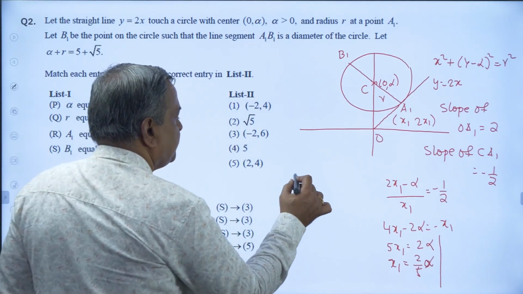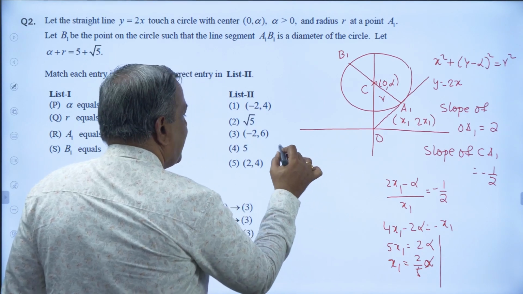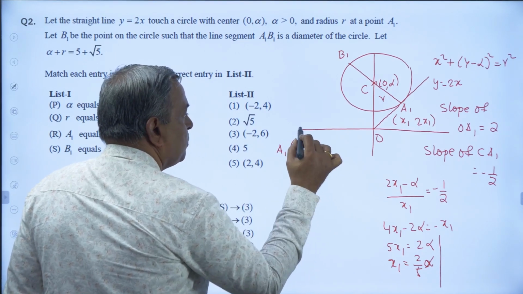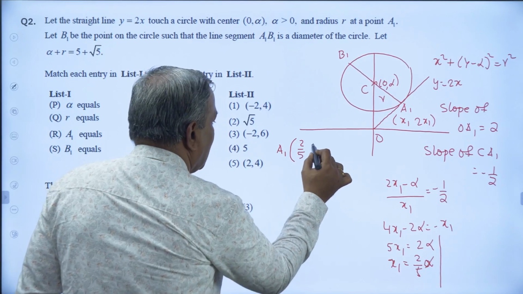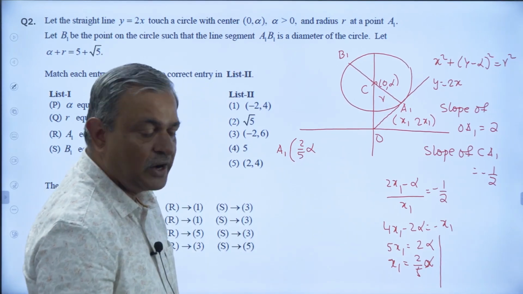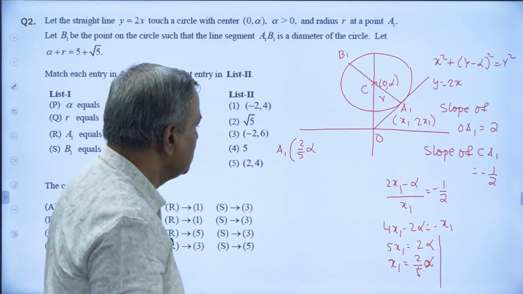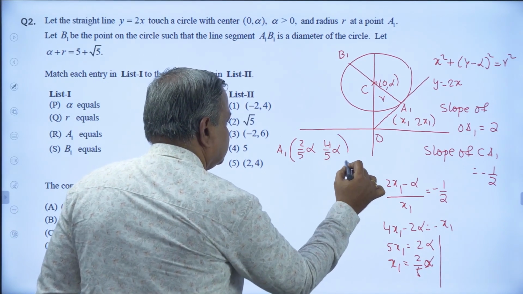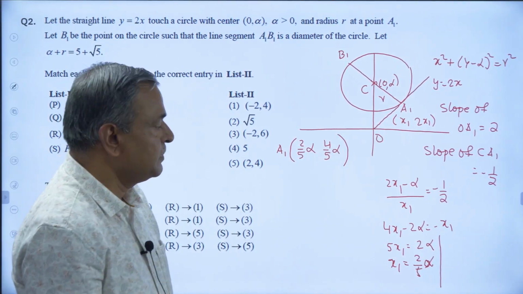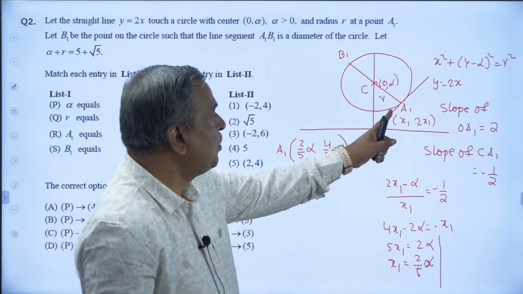How we got it? Point A1 will be (2 by 5 alpha, 2x1), so this will be 4 by 5 alpha. Correct? So we got the point A1.